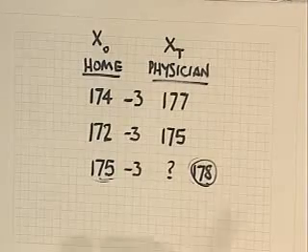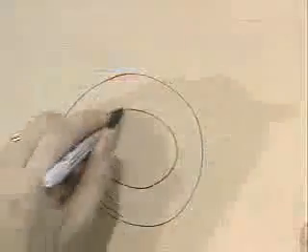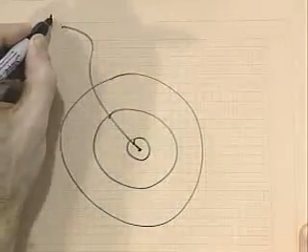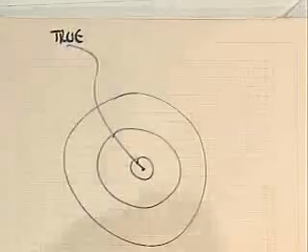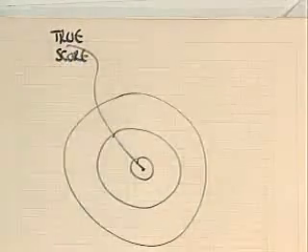If we conceptualized these observed scores as estimates of the true score, we could conceptualize a target. And at the center of this target is the true score, a true score of whatever we're measuring.